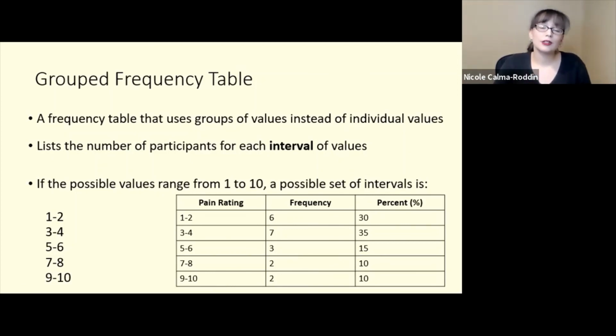And so we lose a little bit of information about the individual frequencies for each individual value. We can only see them within that interval. So we only really want to do this when there are too many possible values and it would be difficult to do it with individual values. This is an example of what that would look like. We have our possible values, our frequency, and our percentage. This is all just the same, with intervals of values instead of individual values.